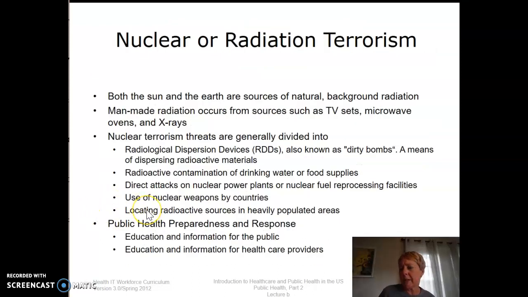Then you have nuclear or radiation terrorism, and that's a big concern for public health. Man-made radiation can come from different sources. Nuclear threats can come from many different areas, but always a threat.